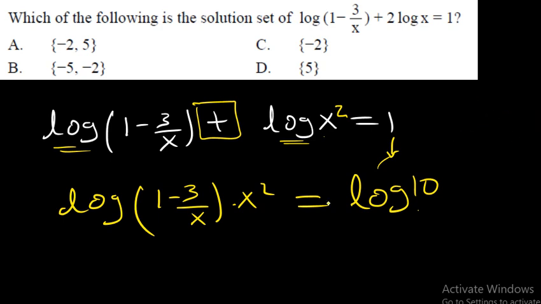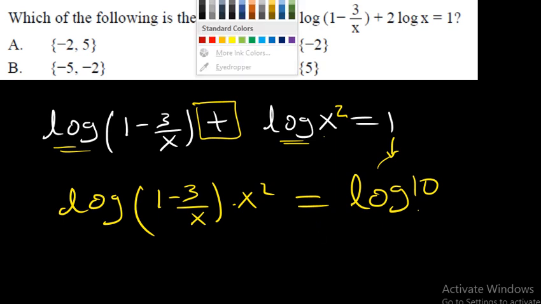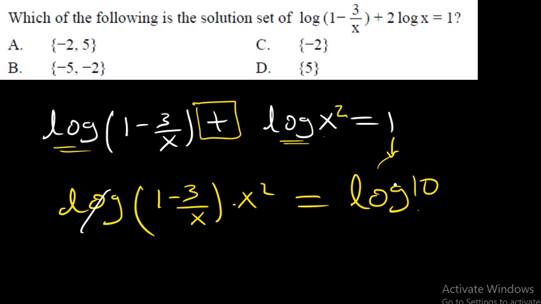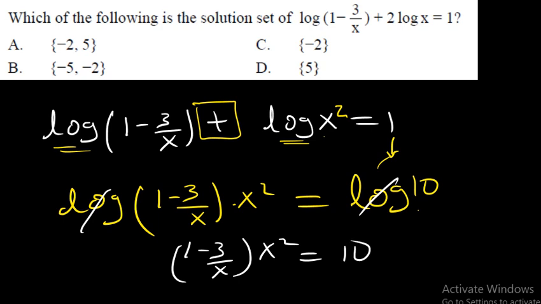Why do I write it in that way? Because now both sides have an equal sign. If it's logarithm in the same base on both sides, I can forget the logarithm, and then 1 minus 3 over x times x squared is equal to 10. Now let me go to the next page.